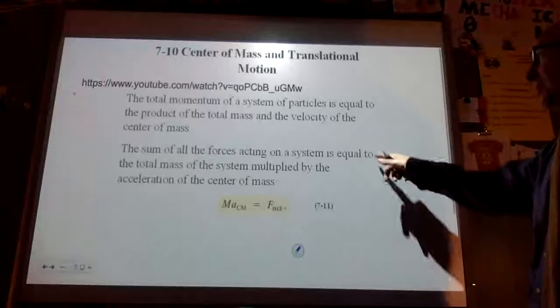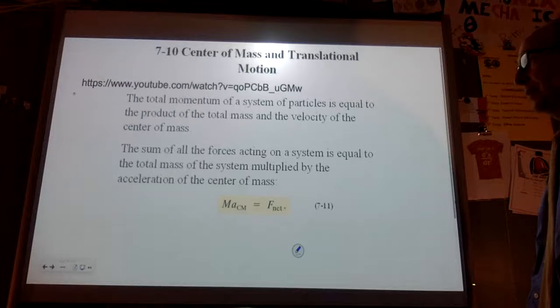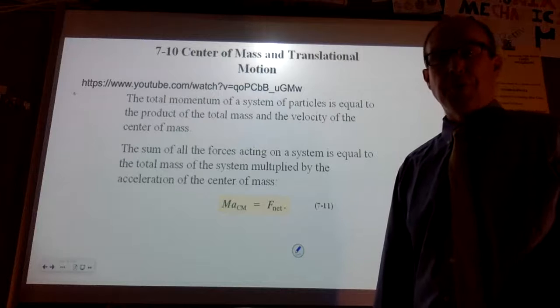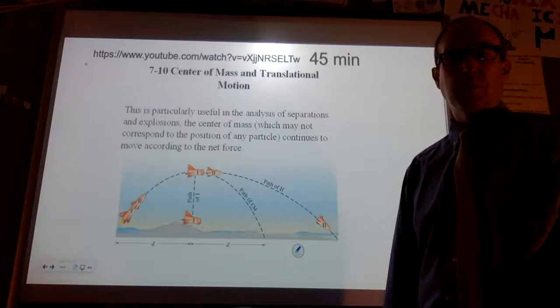So the sum of the forces acting on a system is equal to the total mass of the system multiplied by the acceleration of the center of mass. And we're going to apply this to circular motion and orbits.